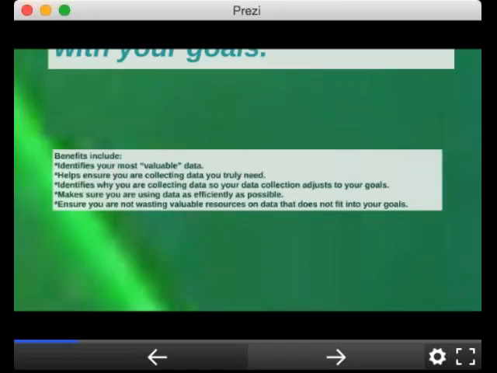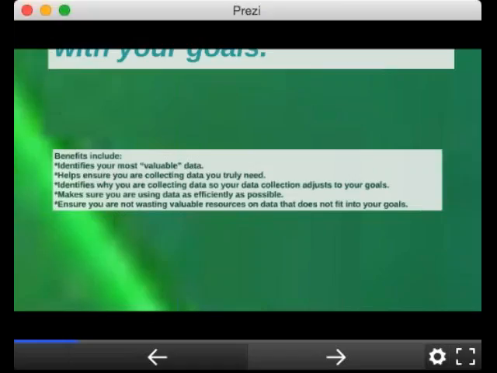And do we need to make adjustments then to the kind of data that we're looking for or that we're collecting? From all this, then, it's the ability to use our data as efficiently as possible. Again, we don't want to be spending resources on data that we're not getting a lot out of. And it ensures that we're not wasting valuable resources on data that doesn't fit into our goals.